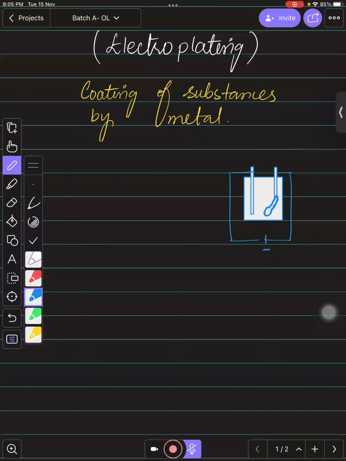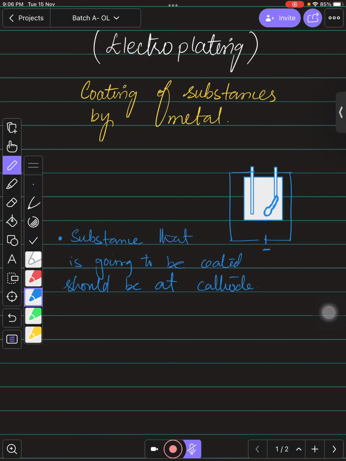So you need to remember this बच्चों, कि the substance which is going to be coated is always at the cathode. The very first thing that you need to remember is the substance that is going to be coated should be at the cathode. जिस substance को आपने कोट करवाना है metal से, it should be at cathode.